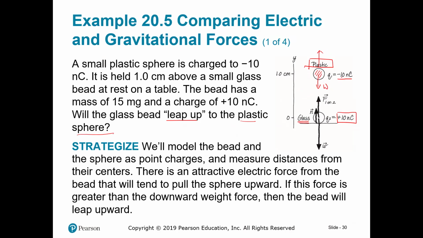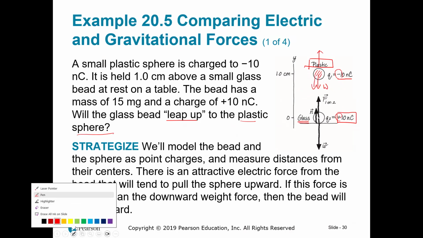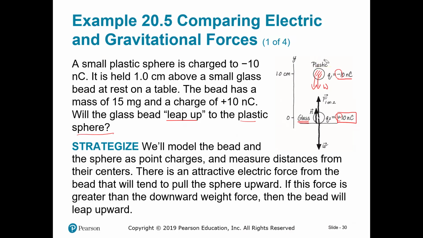Because this is a minus and this is plus, the electric force is acting downward as well, right? And then how about the glass bead? The glass has 2 forces, right? It's a weight acting downwards, and then the electrical force between this plastic and glass. So then the net force is upward.